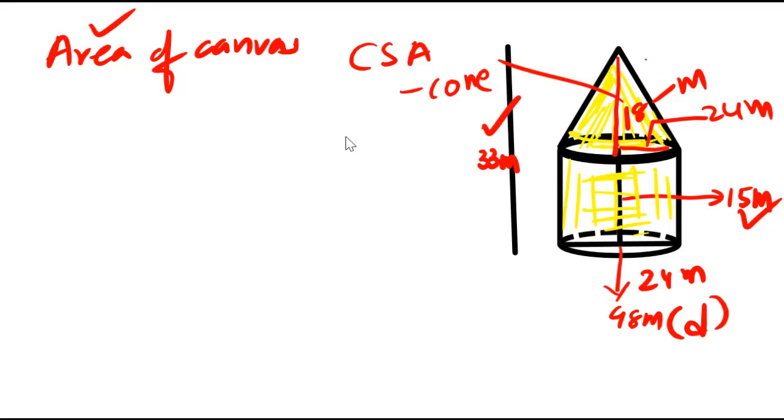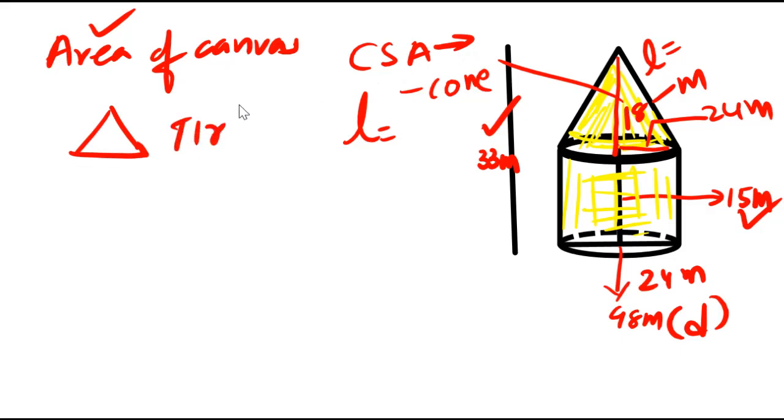You can calculate slant height by Pythagoras theorem and you will get L over here. Once you get L, the curved surface area of the conical part can be calculated by the formula pi R L. Correct? So this much is done. Then the curved surface area of the cylindrical part. We know the formula is 2 pi R H. R is 24 meter, H is given as 15 meter, you will substitute that.